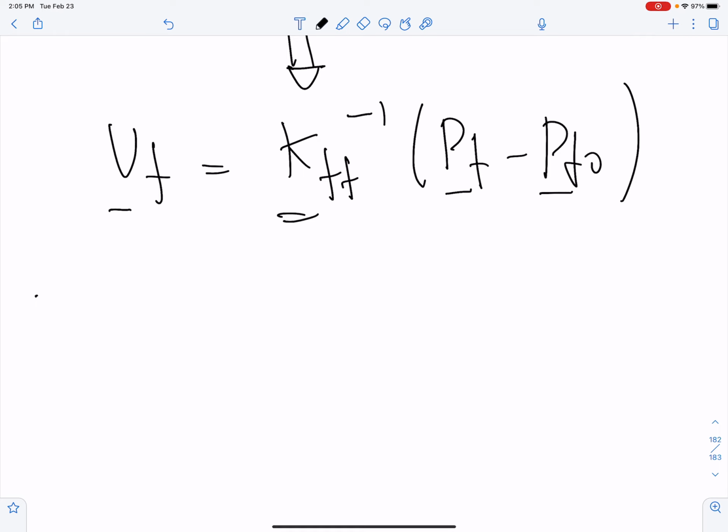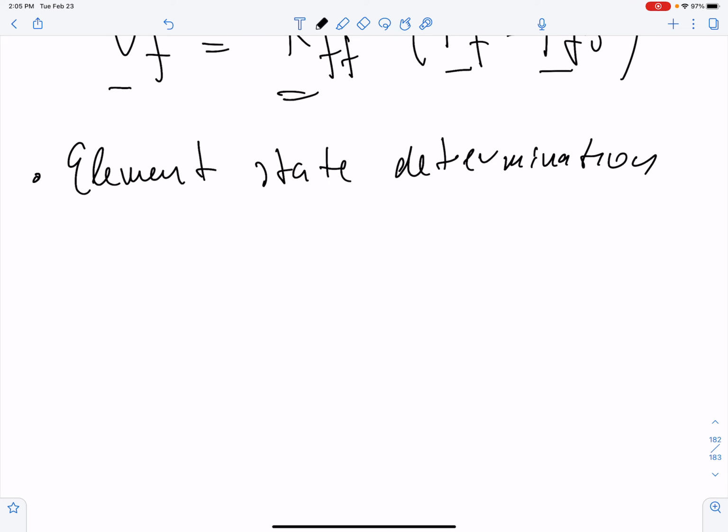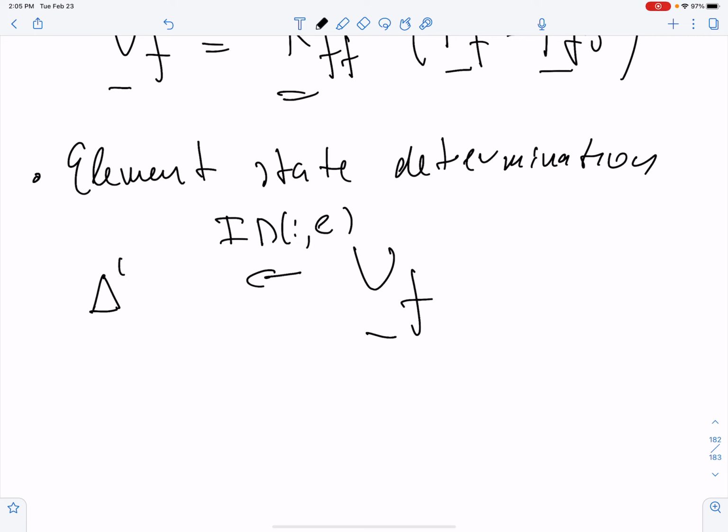All right, and then you go through element state determination. And so this is where it gets a little bit interesting. So what are the steps? You take your UF global vector, and then you use the ID array for element E to extract the displacement vector, delta E, like this.